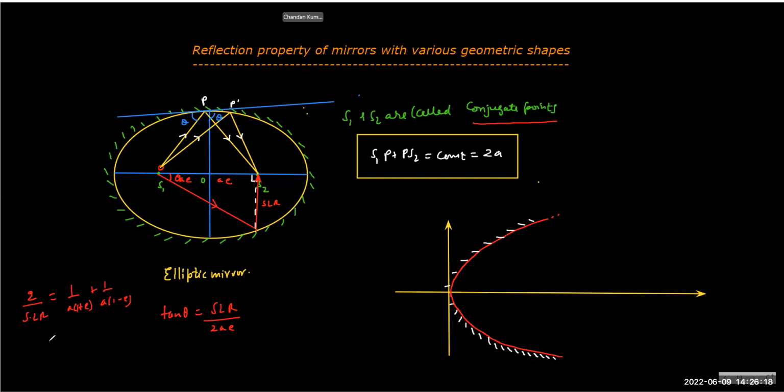Basically, the semi-latus rectum is the harmonic mean of the minimum and the maximum separation from the foci. It looks easy, I think.